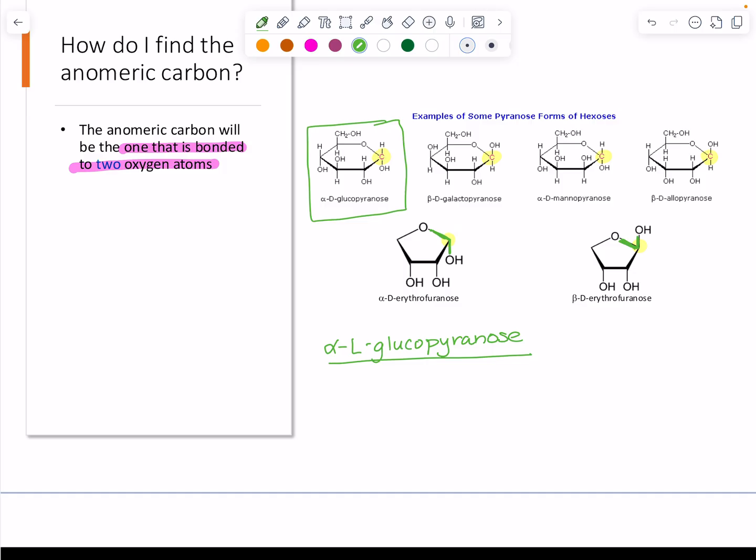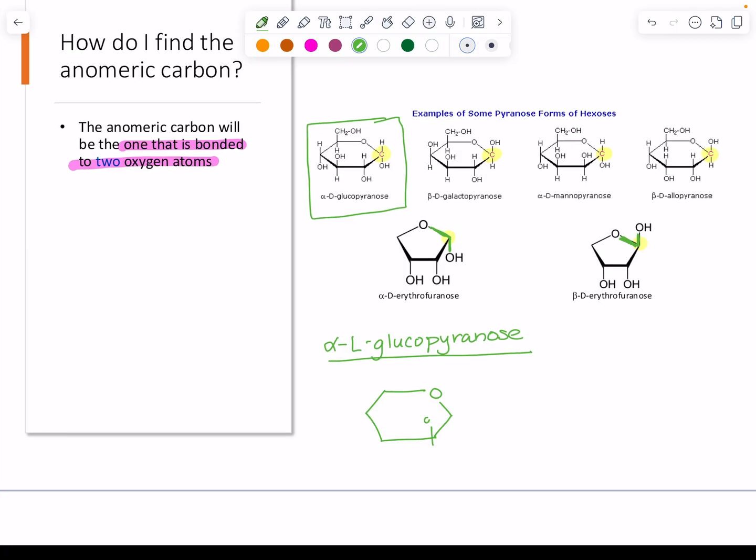So the stereochemistry at every chiral carbon is going to be different. So I'm going to start by drawing my pyranose ring. Let's leave the alpha alone for a minute. So we're going to change the stereochemistry at every stereocenter.